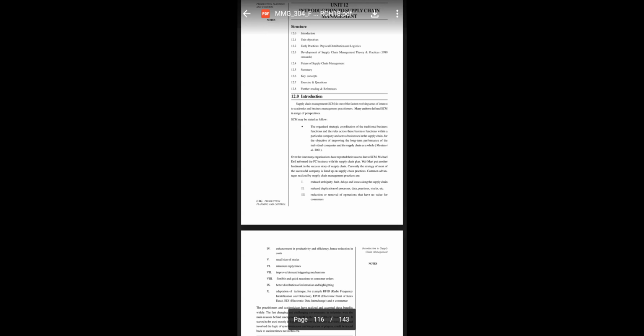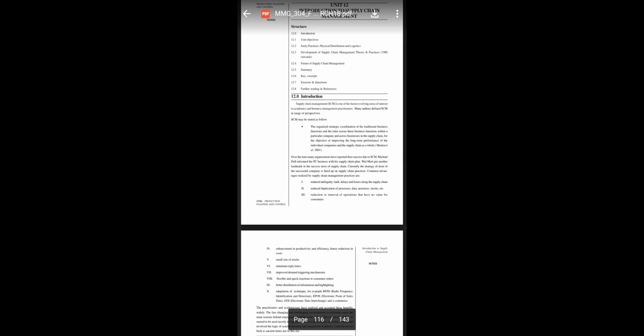Now, over time many organizations have reported their success due to supply chain management. See, they have given the example of Michael Dell, who reformed the PC business through supply chain planning. Walmart put another landmark in the success story of supply chain management. Currently, the strategy of the most successful companies is lined up with supply chain practices.